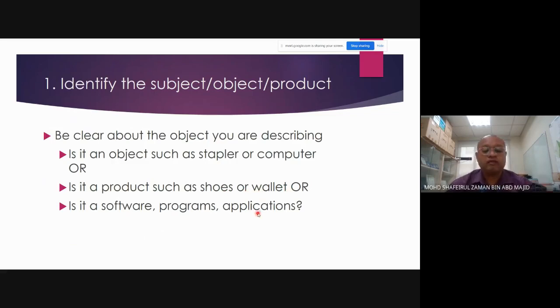In this context, for example, if you're going to describe the laptop in front of you, you just need to describe the laptop, but not the software or the applications that you can install in the laptop. Because if you do so, you are actually describing two different products. So you just stick to your original plan. If you're going to present about a laptop, then you just need to present about it.